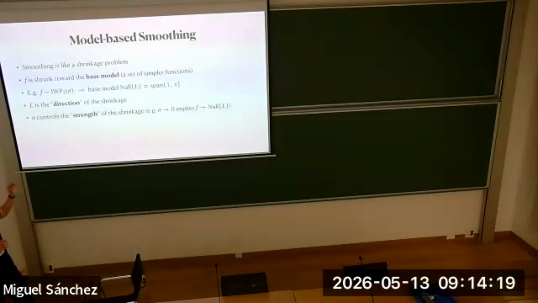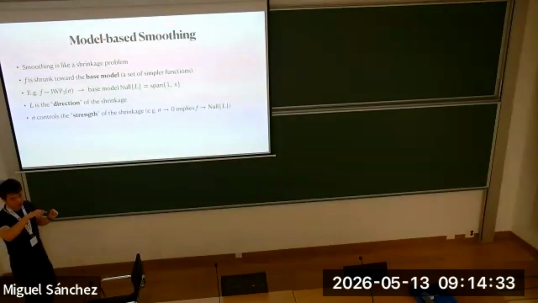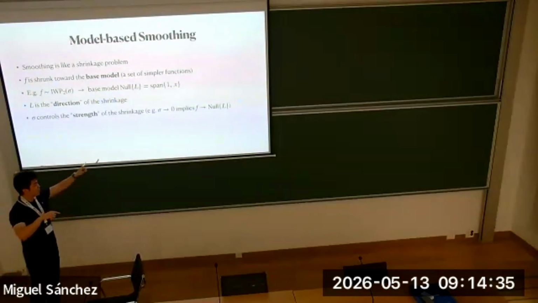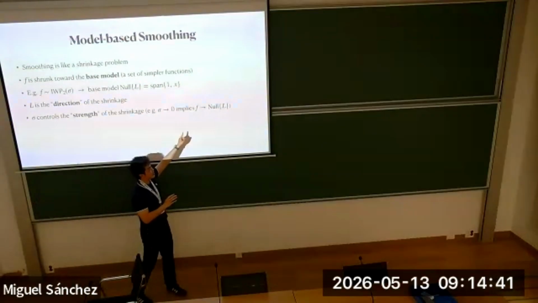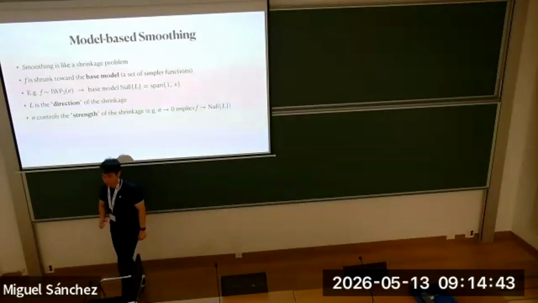Okay, so this is still a smoothing parameter, but it's now also interpreted as a standard deviation of the functions, how much variability it has. So if you make sigma close to 0, remember the relationship we had, 1 over the square root of lambda, we are pushing lambda to a really large value and increasing the penalty. So there's a stronger penalty pushing the function to the base model.